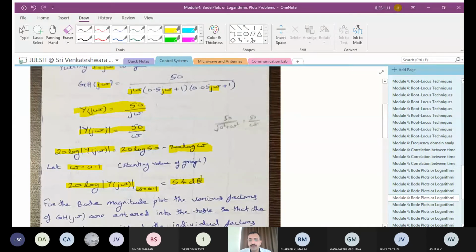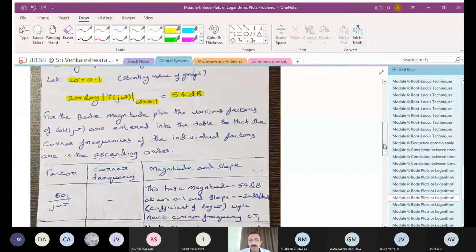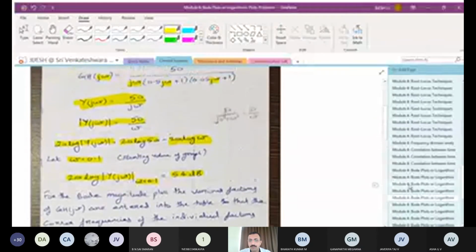What does that indicate? It means when the omega value is 0.1, the value you are going to get is 54 dB. So that is what you have to understand here. So I will take you to that problem once.